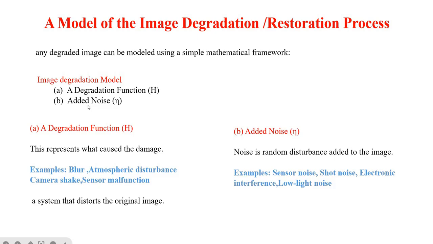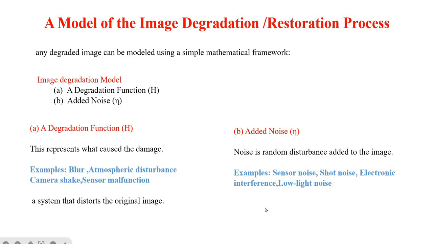Then we will see the second thing, that is the added noise, nu. Noise is a random disturbance which is added to the image. Examples of noise are sensor noise, shot noise, electronic interference, low light noise, and many more.